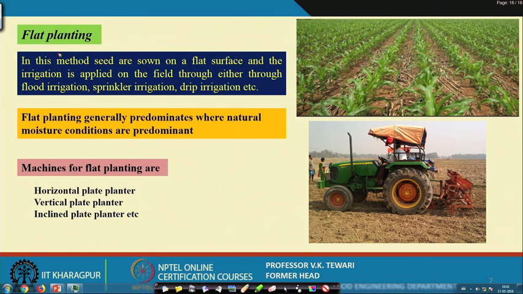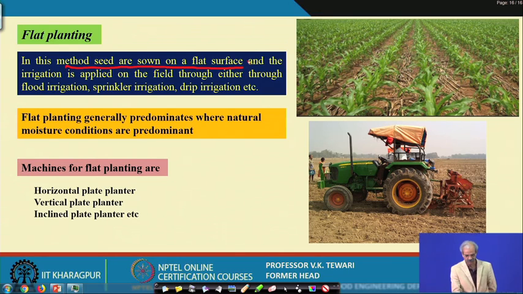In the flat planting method, seeds are sown on the flat surface, as I have shown in the example, and irrigation is applied to the field either through flood irrigation, sprinkler irrigation or drip irrigation.